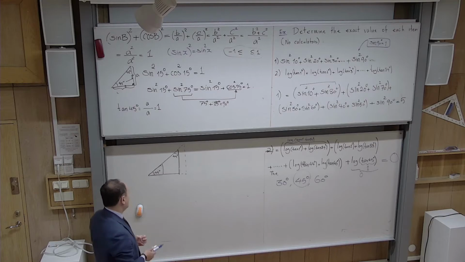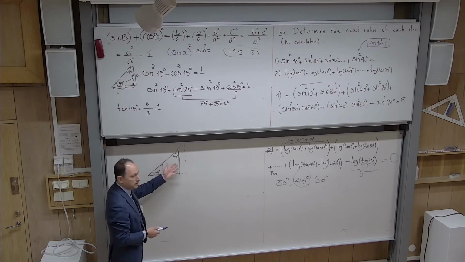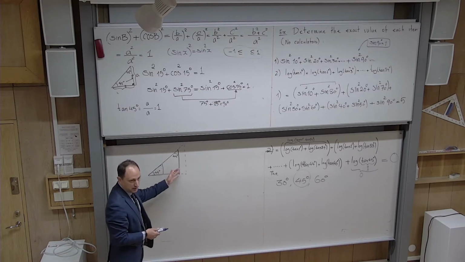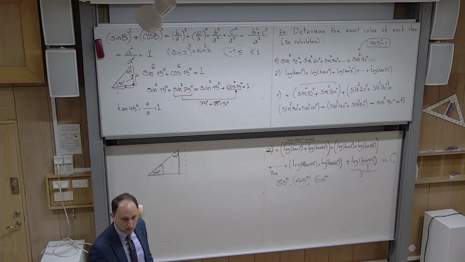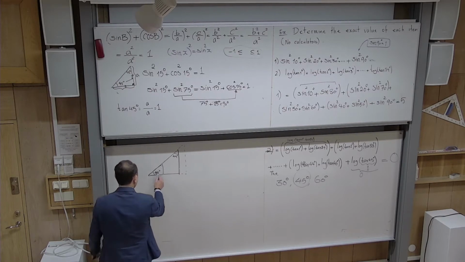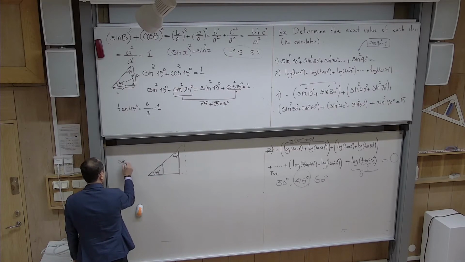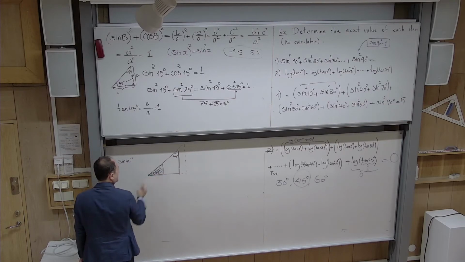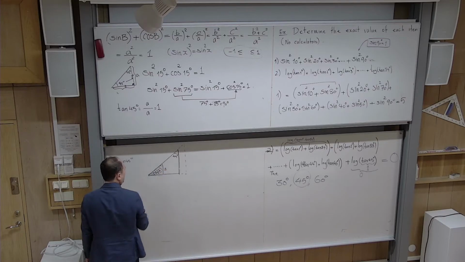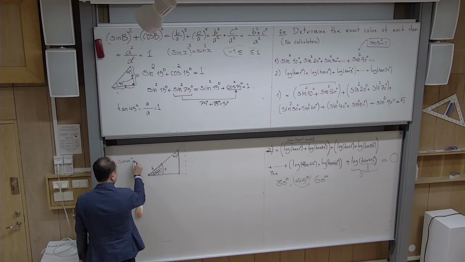Okay? So first of all, can you tell me why all of us, independent of which one of these triangles we choose, end up with exactly the same answer? For example, if I ask you to calculate sine of 45 degrees, assume that this is the triangle I choose, then I will have here A. Let me call this one B. What I write is the opposite divided by the hypotenuse.